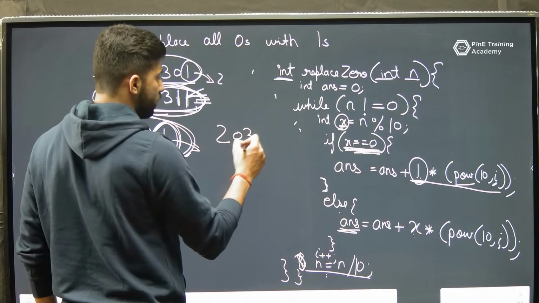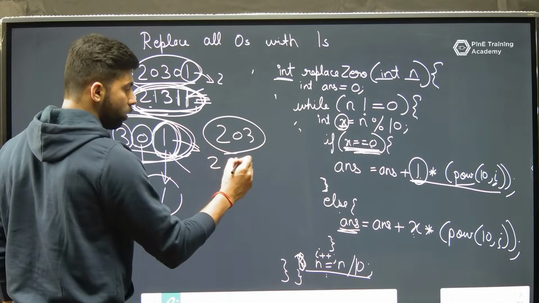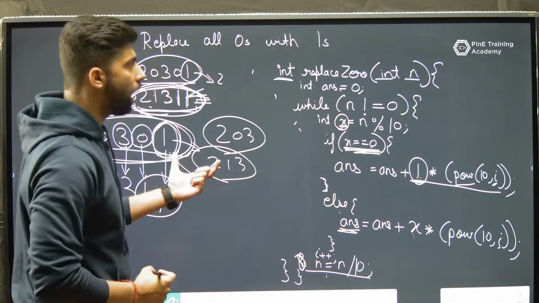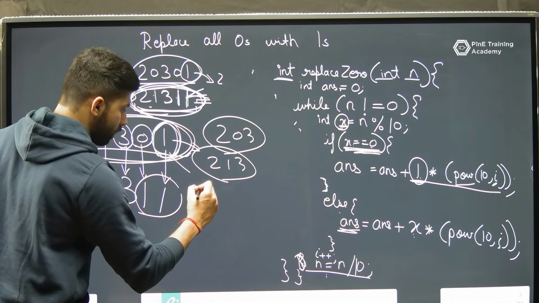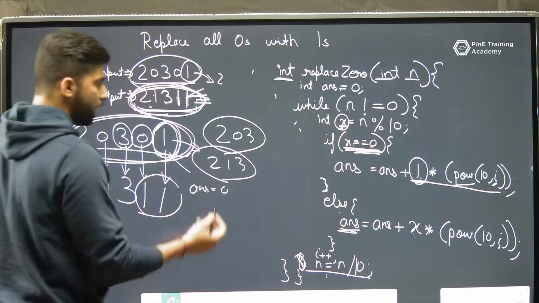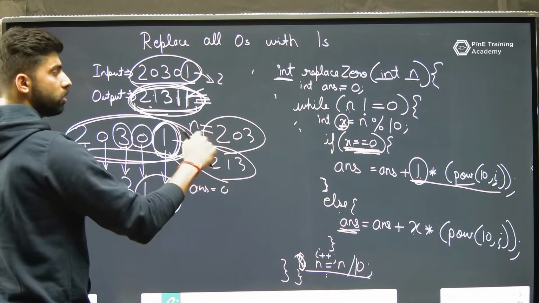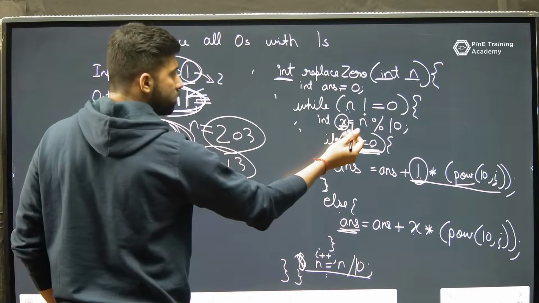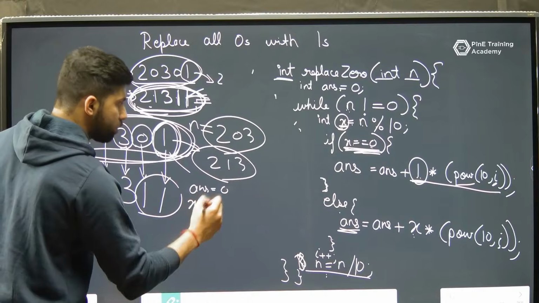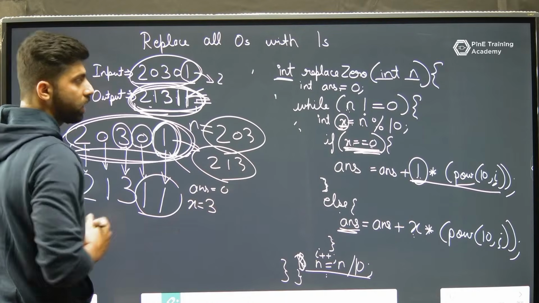So if I have 203, suppose I need the answer 213, right? We have answer equal to 0. We will check if n is not equal to 0. n is not equal to 0. x is equal to n mod 10. This will give the last digit. So x is equal to the last digit, which is 3.